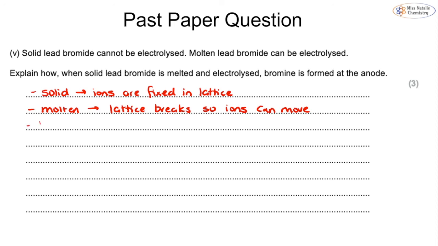Once the ions move, our Br- or our bromide ions are attracted to the anode because our anode is our positively charged electrode.